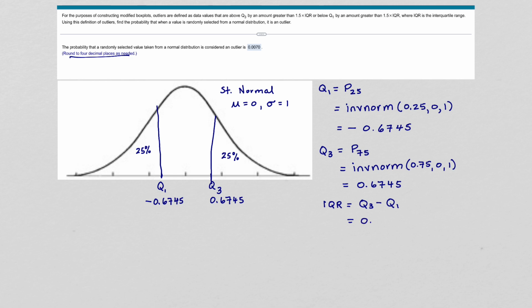So I'll take 0.6745 minus a negative 0.6745. And I get 1.349.